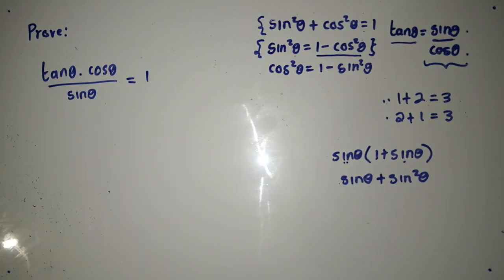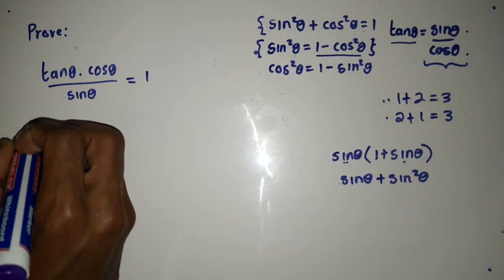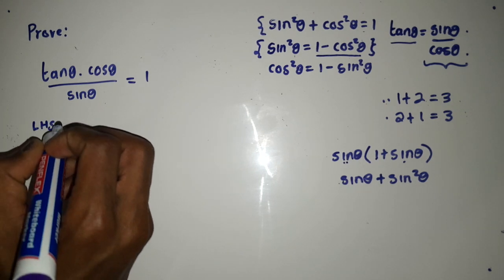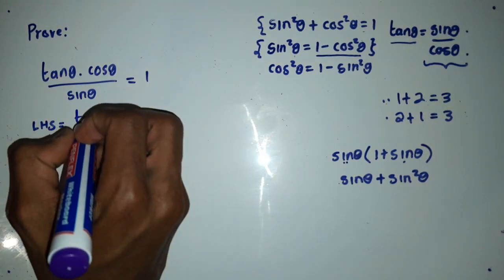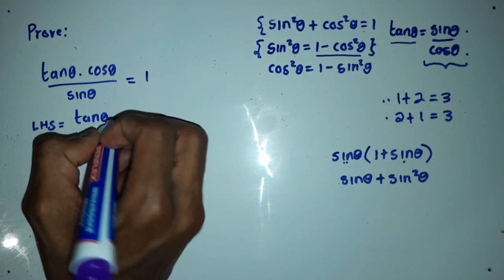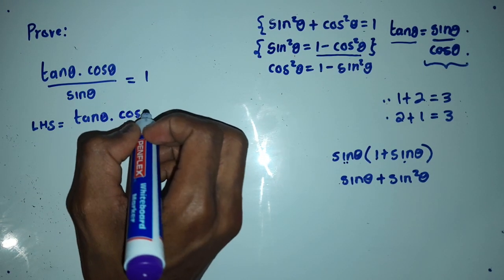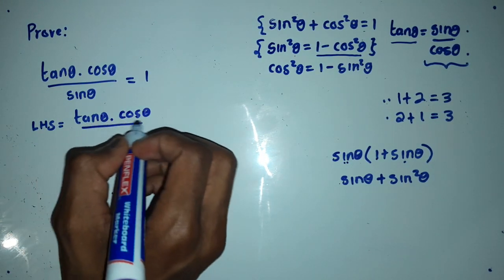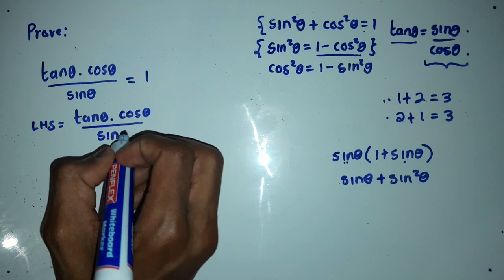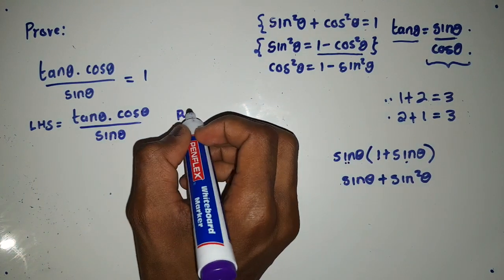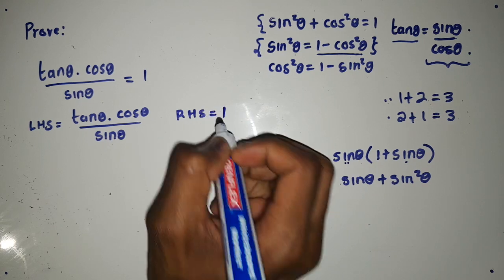We want to solve this thing. Let us split into the left hand side, which is tan theta multiplied by cos theta, then we have sine theta, like this. Our right hand side is equal to 1.